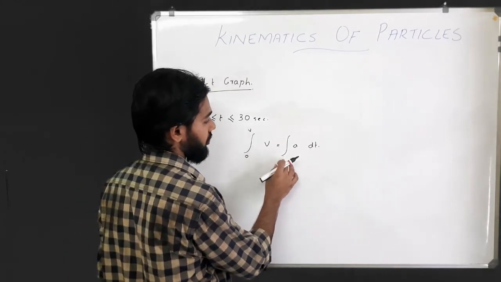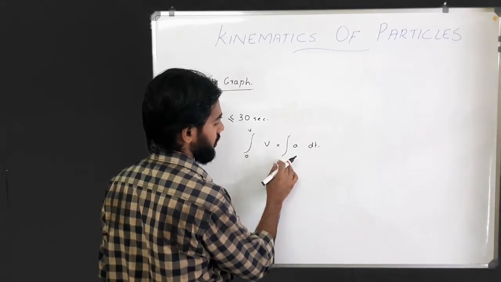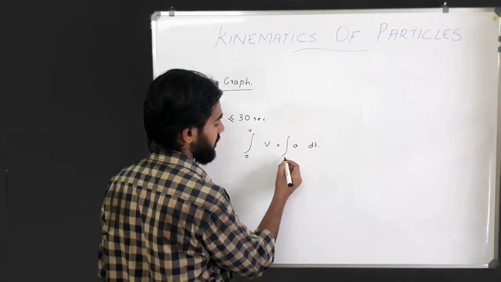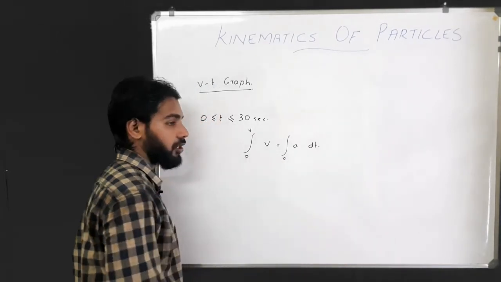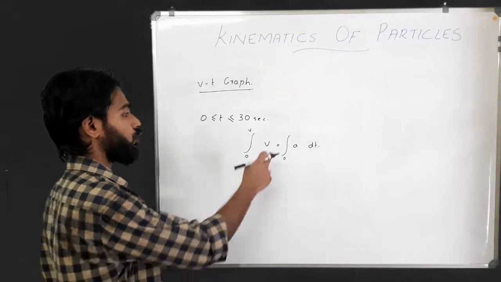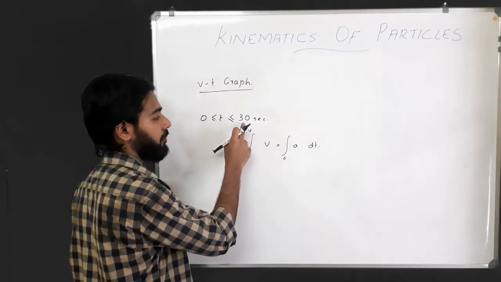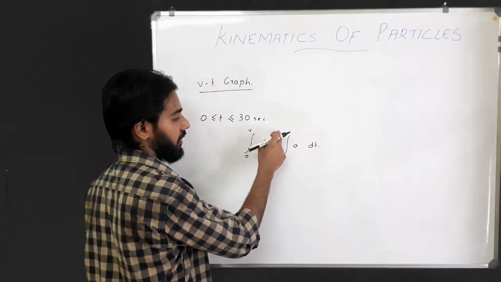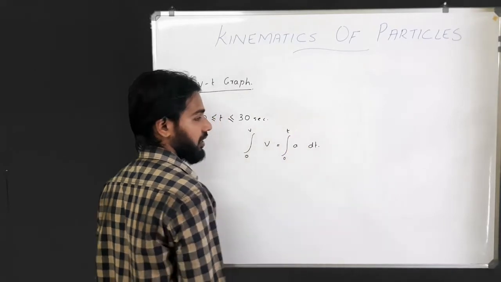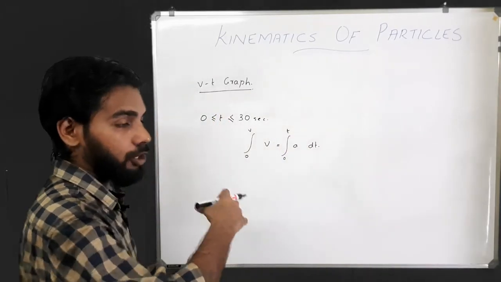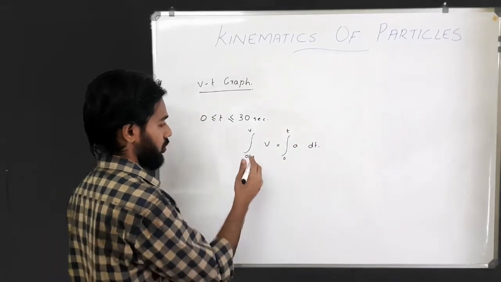The limits of dt are time t equals 0 to t; I shall write t as it is because I want to obtain the equation of that line.